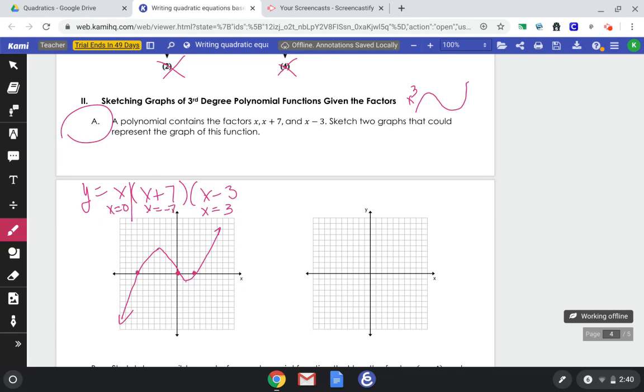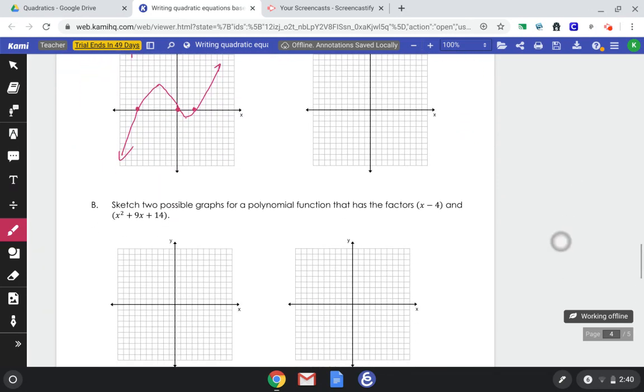It has 3 roots, and it's crossing that x-axis at those 3 different spots. We could do the same thing over here, except this time, I'm going to leave this one for you to do on your own. You have your 3 roots. You could have a curve that comes down like this. But I'm going to leave that for you to try on your own.